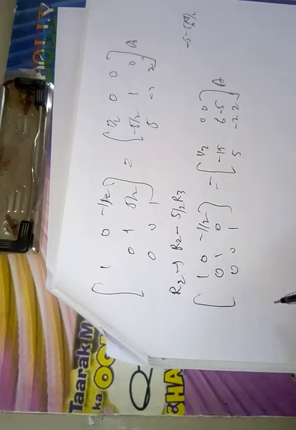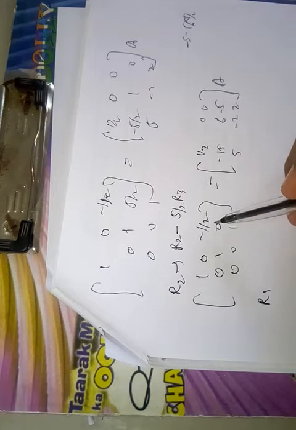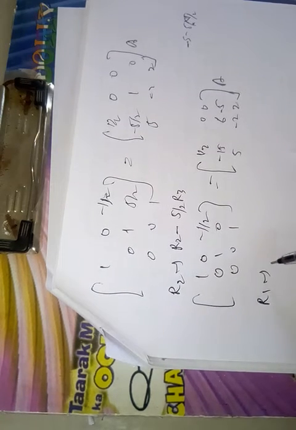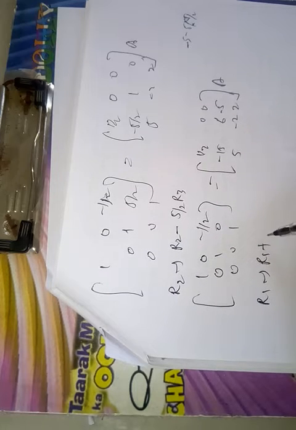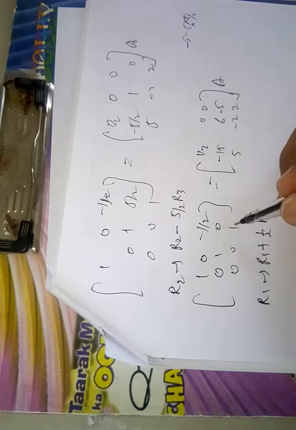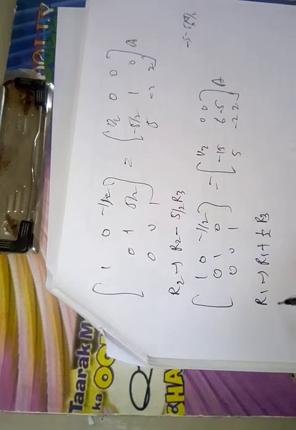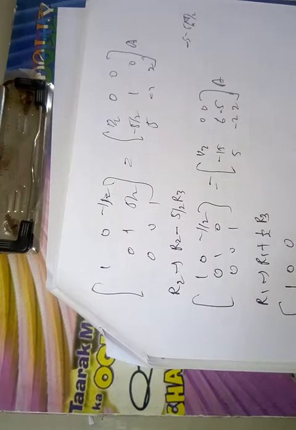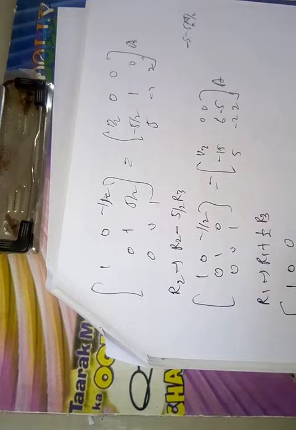Now R1 must change to 0, so R1 becomes R1 plus 1 by 2 R3. Multiplying 1 by 2 with 1 by 2 gives the same with opposite sign, so the left side becomes 1 0 0, 0 1 0, 0 0 1.